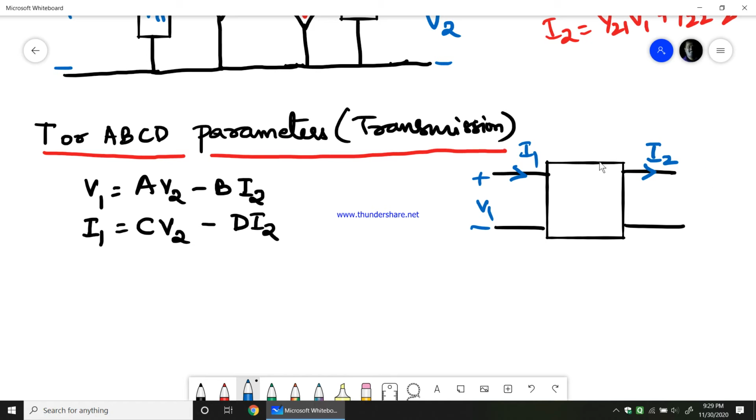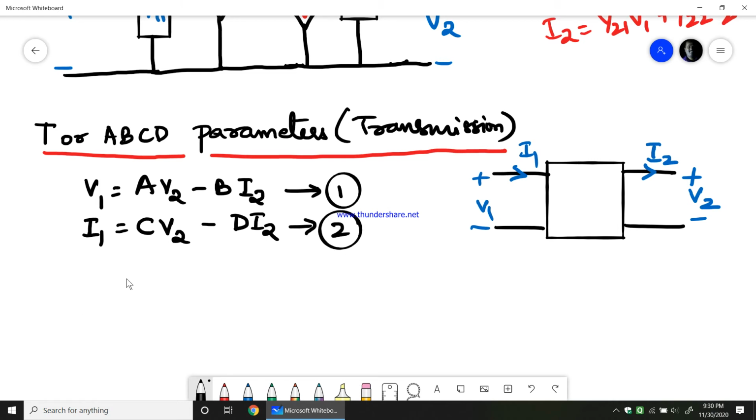Therefore I2 cannot enter now, it should leave. When I2 is considered to be leaving, we take this minus symbol. This is the reason why a negative sign is given in the equations, because I2 is assumed to be leaving the circuit. Okay, now this is the first equation and this is the second equation.